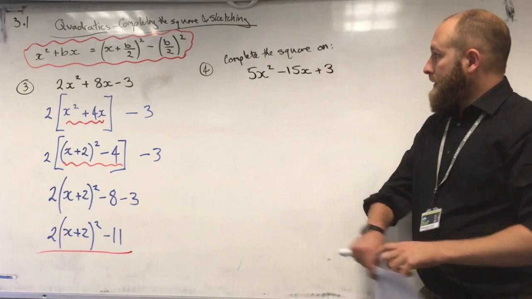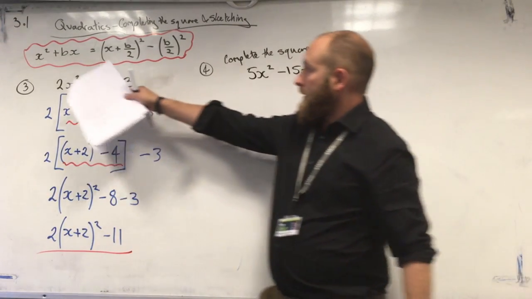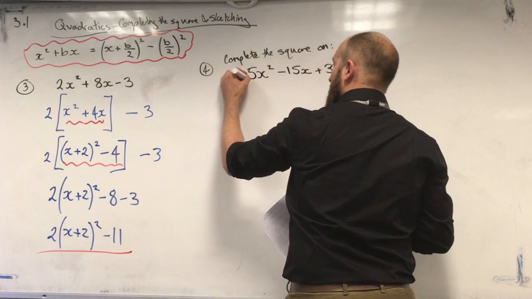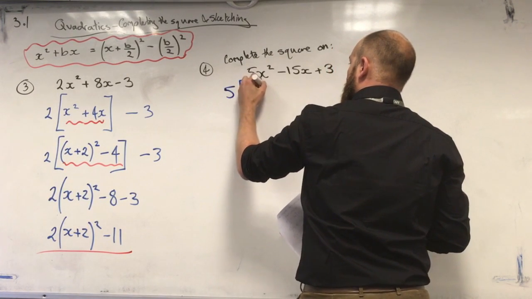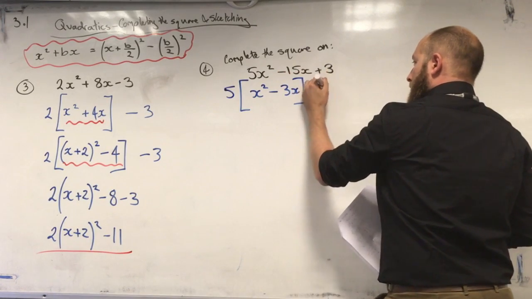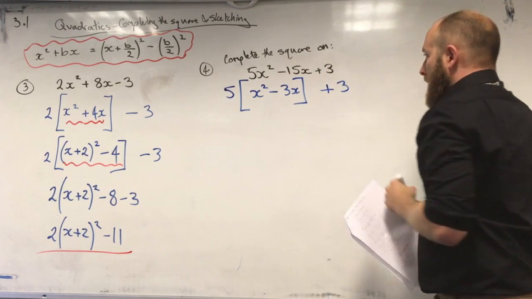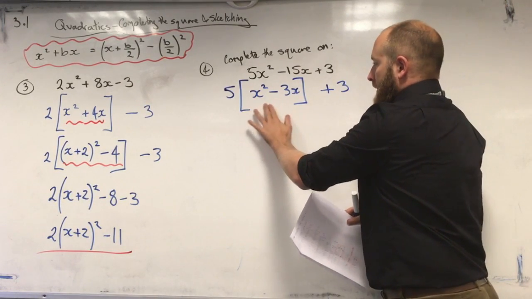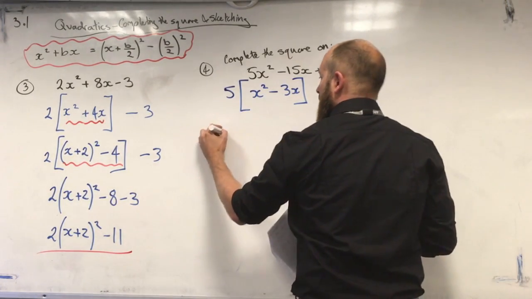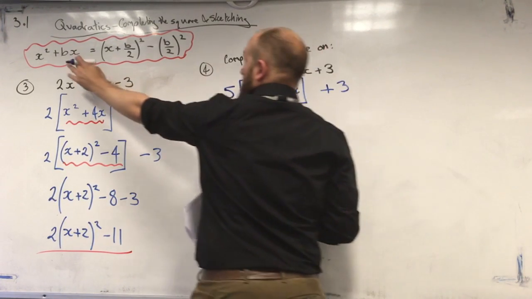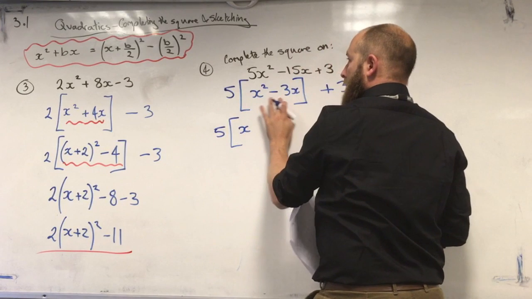So first step, we need to take out the factor of 5 because we need it in that form there. So we're going to get 5 square brackets, x squared minus 3x, close the brackets, and then the plus 3 is just going to go on the end there. Now we're going to complete the square on what's inside the bracket. So x plus b, so in this case, b is minus 3.